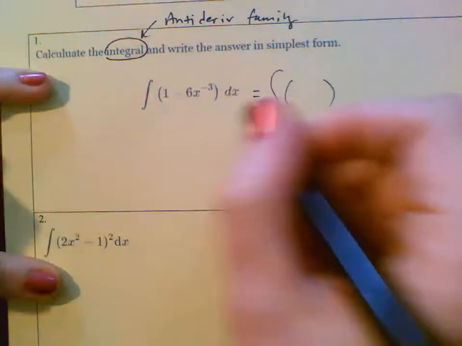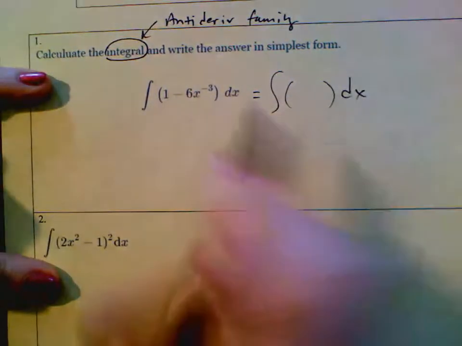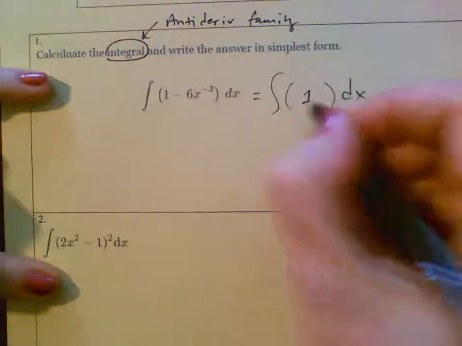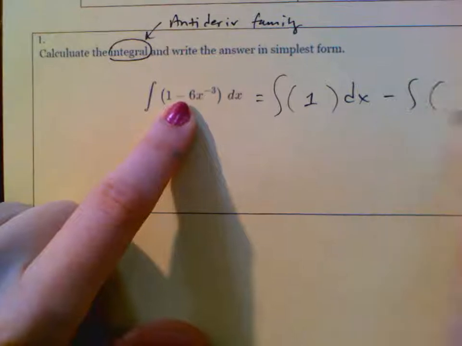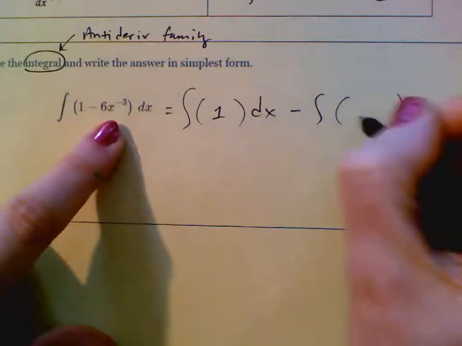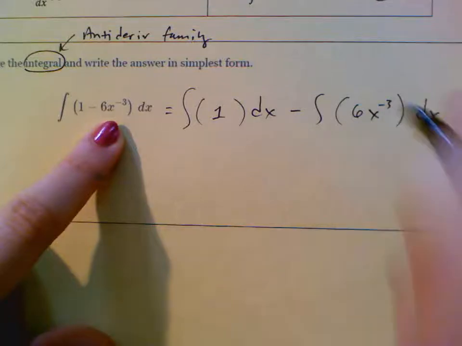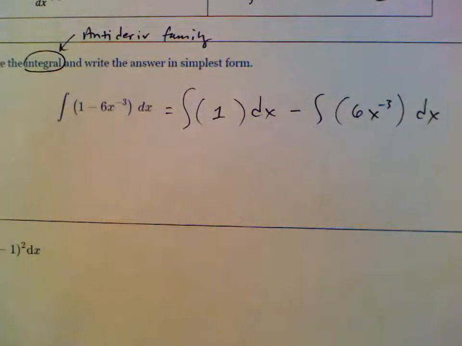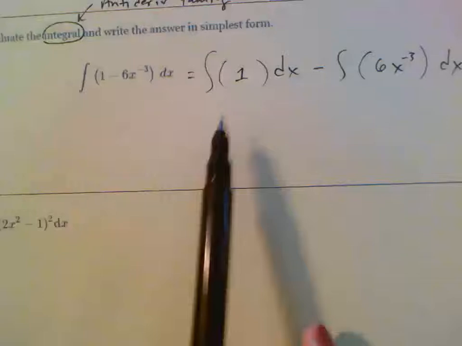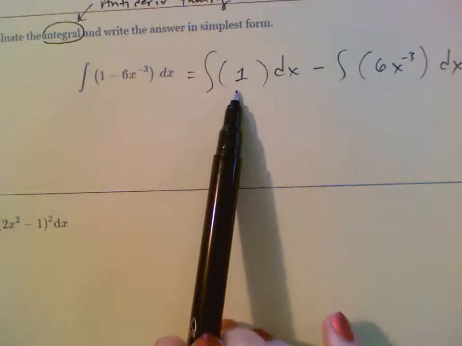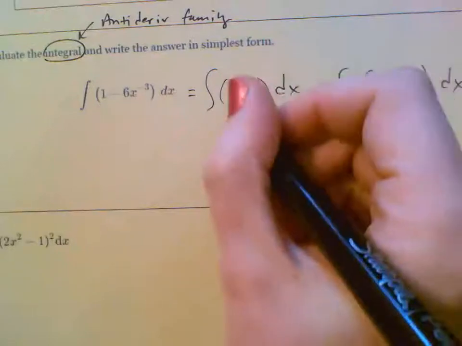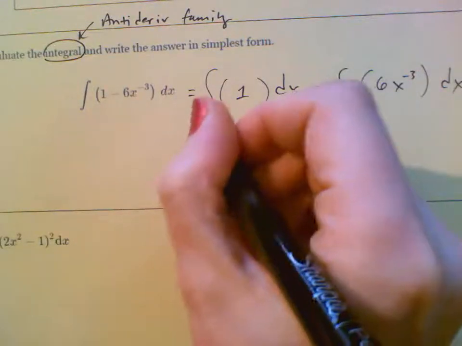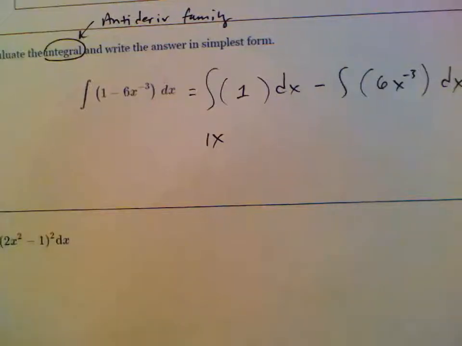This would really be the antiderivative first of 1, then the minus between them, and then the antiderivative of 6x to the negative third. What is the antiderivative of 1? The antiderivative of 1 is just 1x.